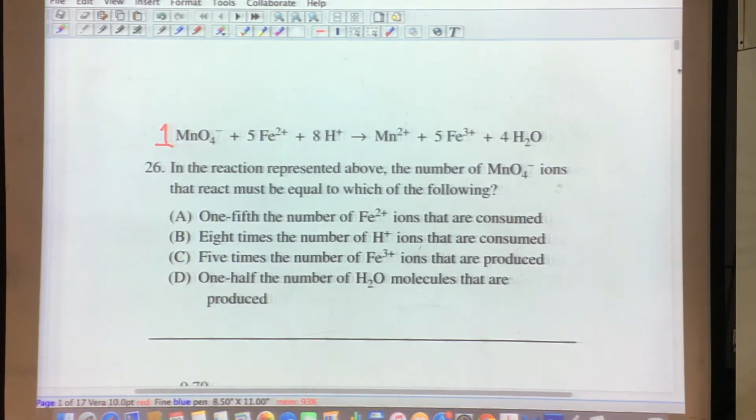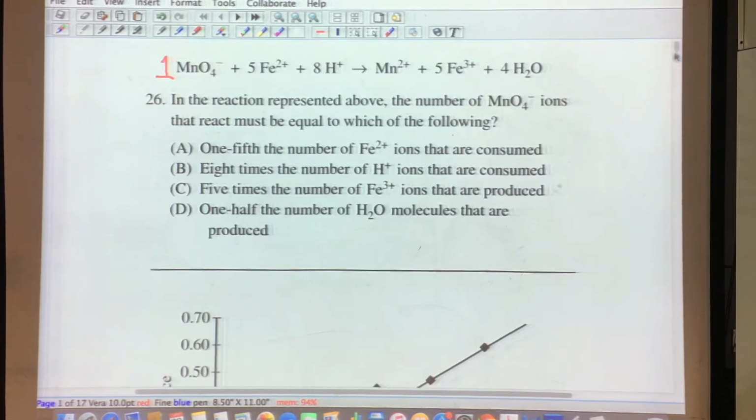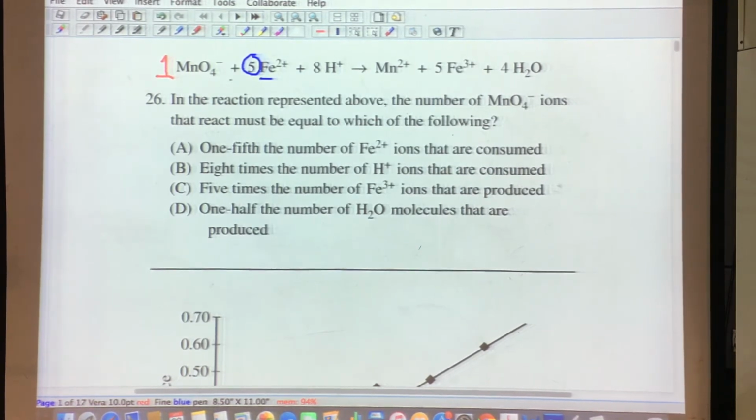So if I look at my choices, in the reaction represented above, the number of permanganate ions that react must be equal to which of the following? Well, if I look at iron plus 2, and there's a 5 in front, all right, it's a 1 to 5 ratio, so this has to be 1/5 of the iron, okay?